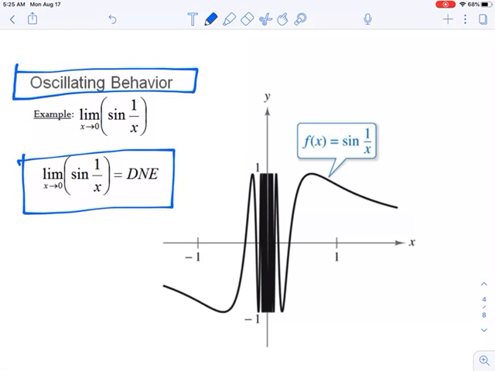Like I said, this is the one that's going to be least often seen, but it is our third case. So the limit as x approaches 0 of sine of 1 over x does not exist. And if I asked you to tell me why, you would tell me because of the oscillating behavior.